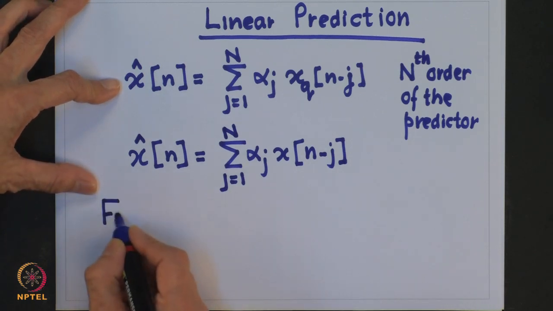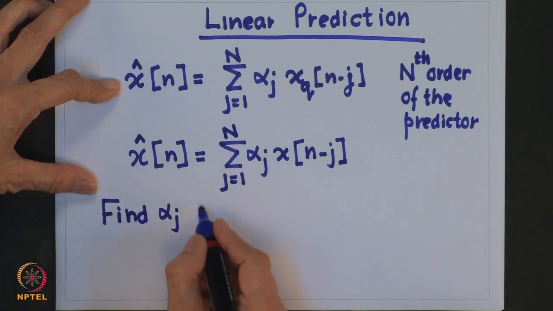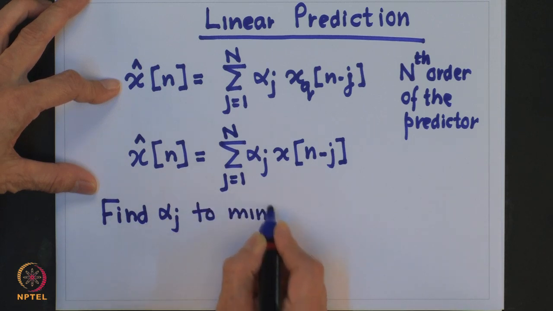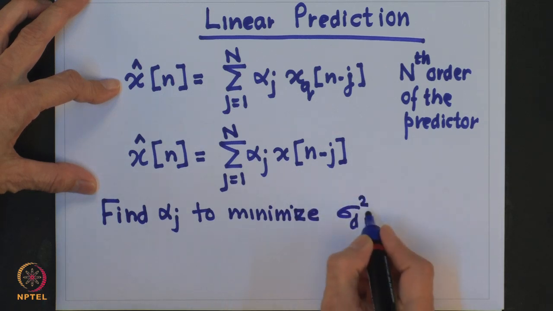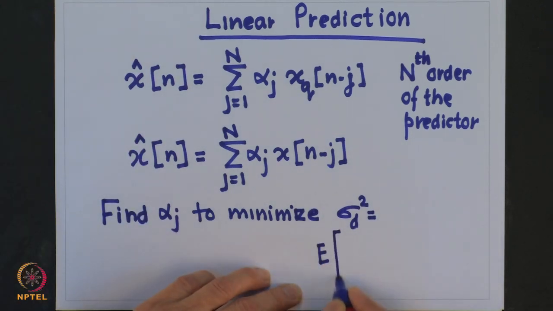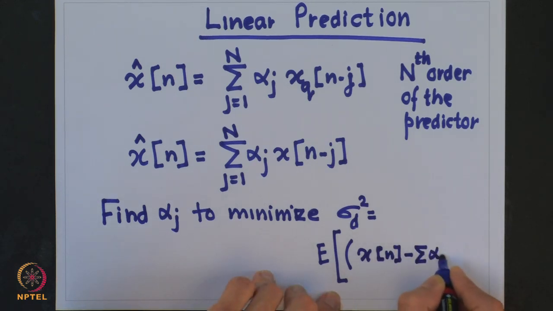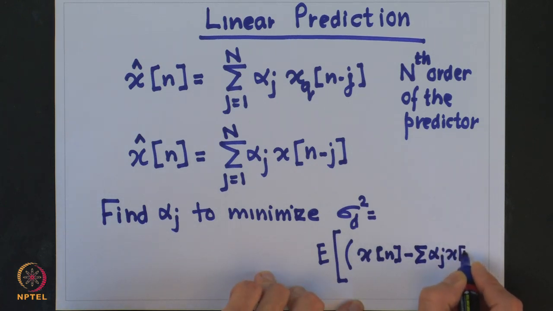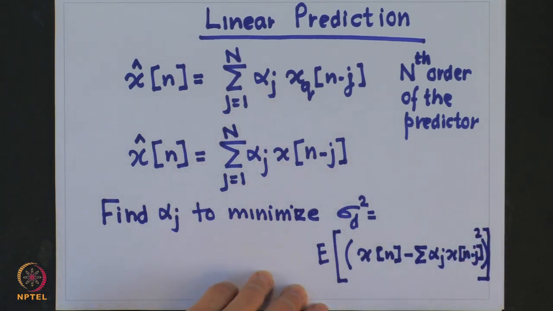So, find alpha j, j equal to 1 to N, to minimize the variance, which is equal to the expectation of the summation, j equal to 1 to capital N.